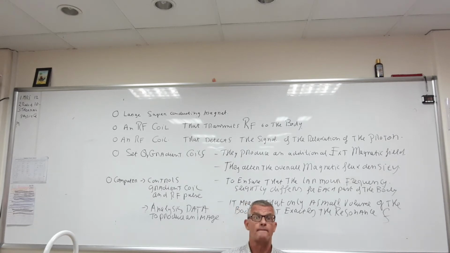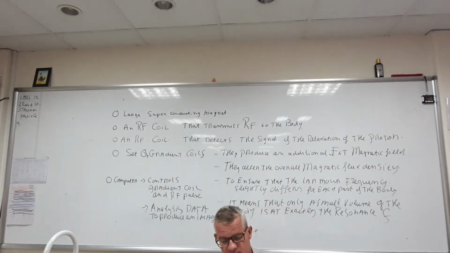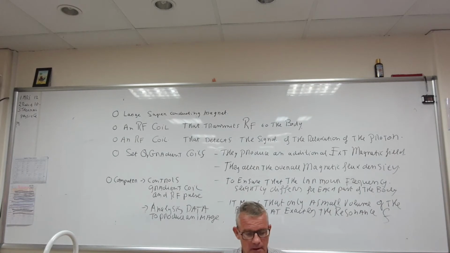An RF pulse is then transmitted into the body. Then the protons release the relaxation time. And as I told you before, the relaxation time depends on which tissue the body is scanned in and where the protons are.